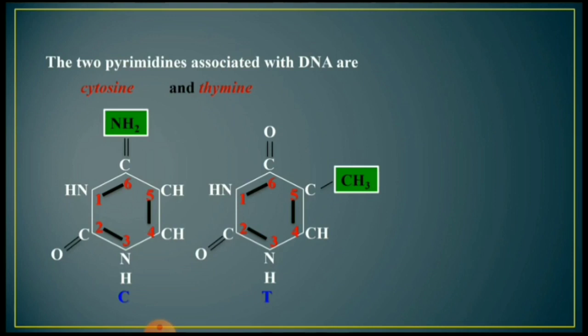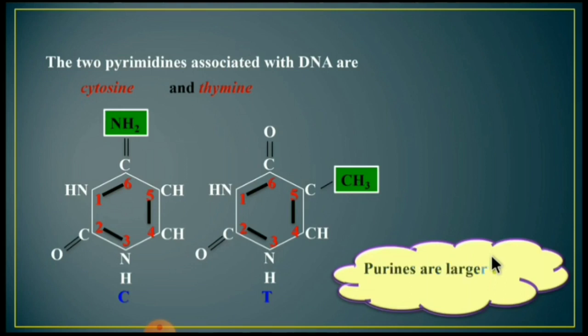So instead of thymine, you find uracil in RNA. When you compare purines and pyrimidines, the purines are larger than the pyrimidines.